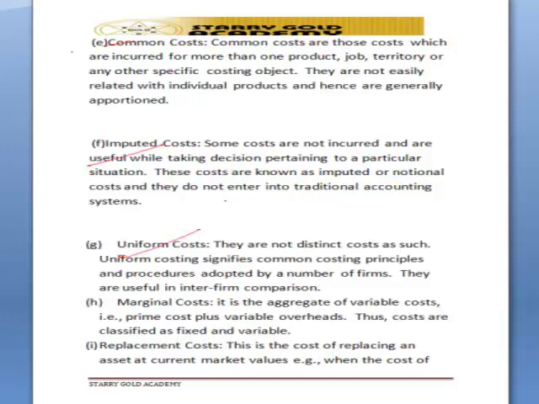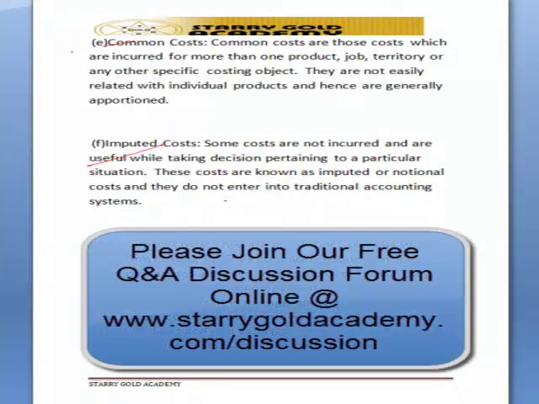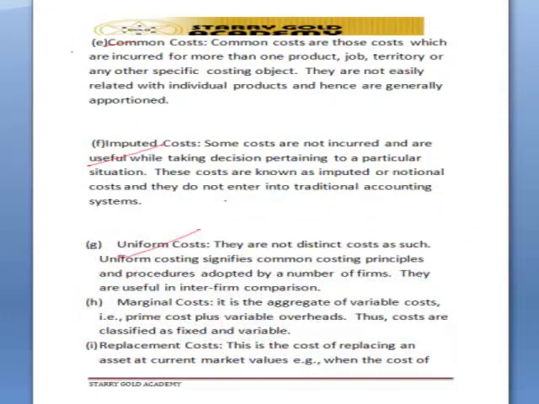So they are useful in inter-firm comparison. That is, a particular industry may choose a uniform way of reporting, and in such a way we call that uniform costing. It's not just a new method, it's not a distinct cost.